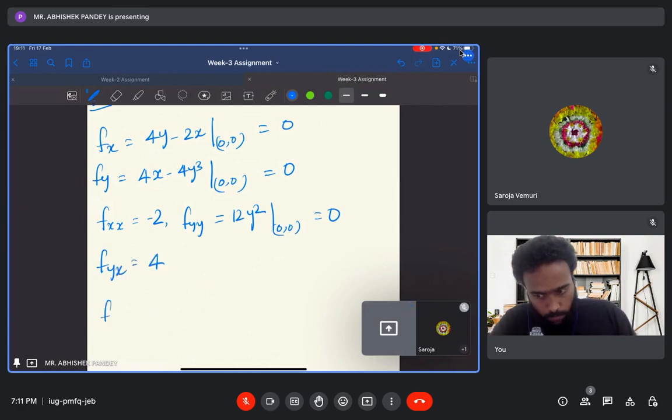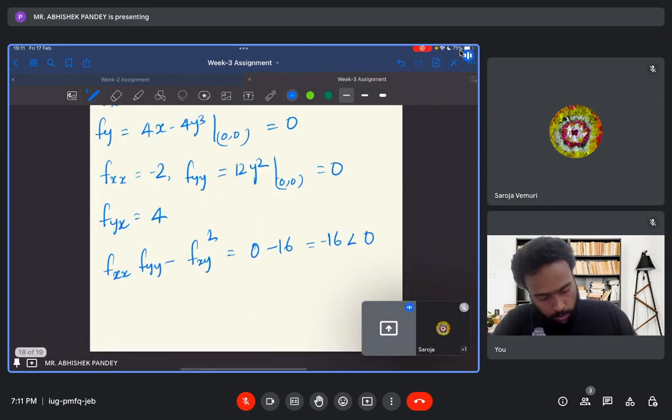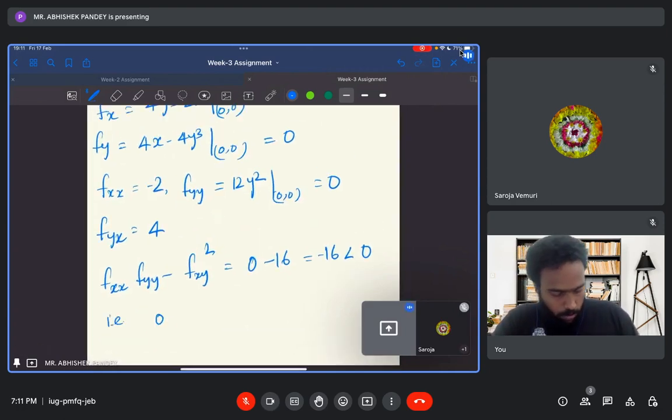So fxx fyy minus fxy square is equal to 0 minus 16, which is minus 16. This is less than 0. So 0 comma 0 is a saddle point.